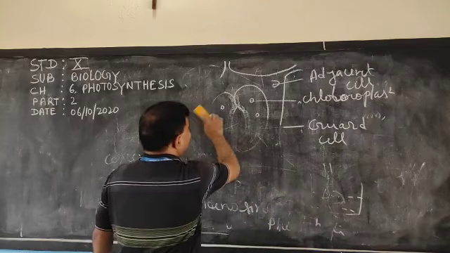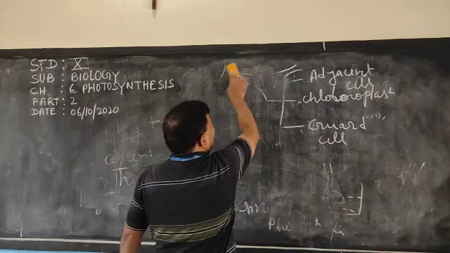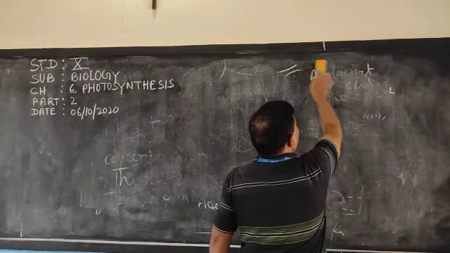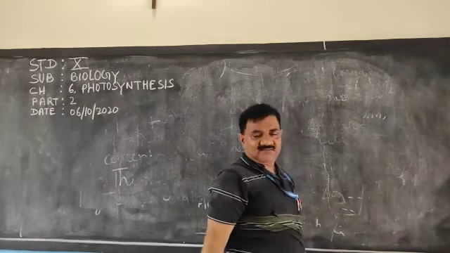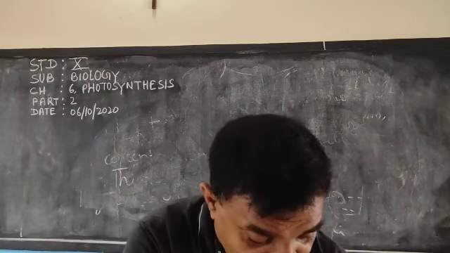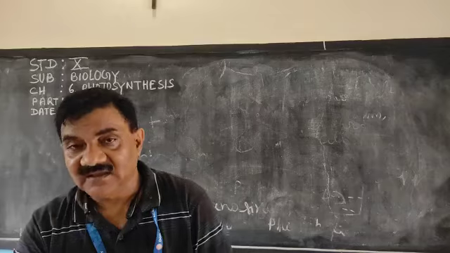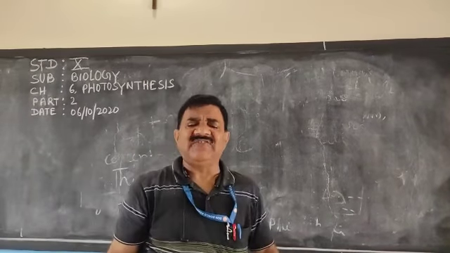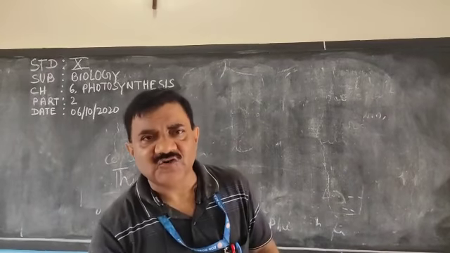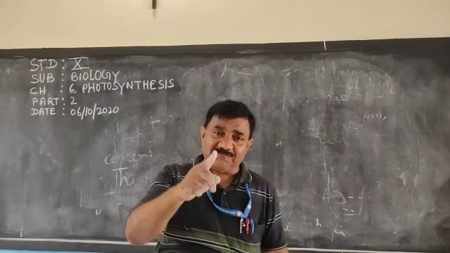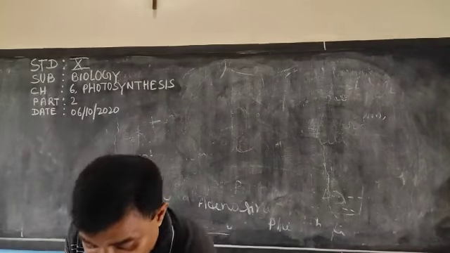Now, we have also discussed that water is required and water is absorbed by the root from the soil. And one very important thing which I have to discuss: I have told different definitions of photosynthesis, but one thing I want is that you always write the balanced chemical equation.